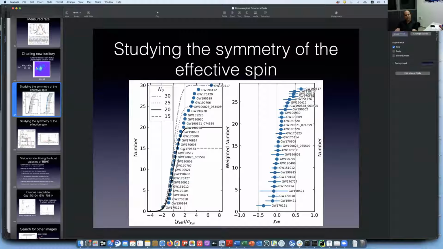The negative side of the population is totally consistent with just having a population of binary black holes with zero effective spin. This is the statement. Everything else is a little bit more involved. But the negative side of the population is just dominated by having around 20 events out of the total 30 that have zero effective spin.